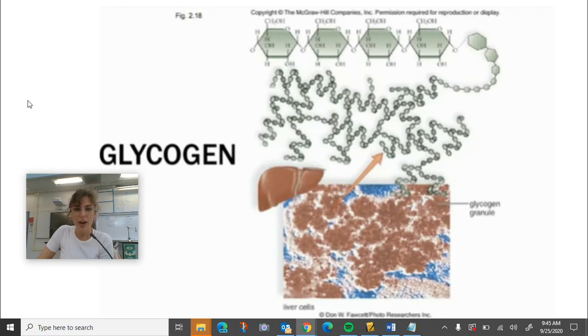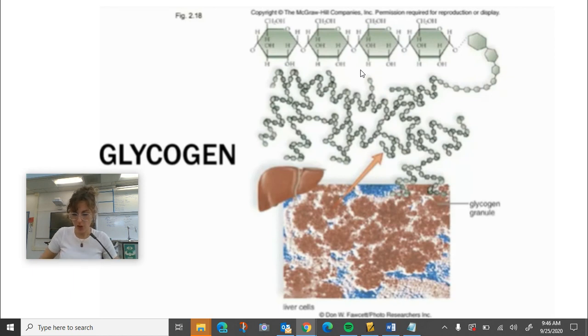When you are using a lot of energy, for maybe going on a run, your body is using those glycogen stores to get the energy supply to help you do those things. And again, you can see these branched polymers from the polysaccharide. Again, the whole purpose of that is to pack in as many of those bonded monosaccharides as possible. We're trying to get as much energy as we can to store.